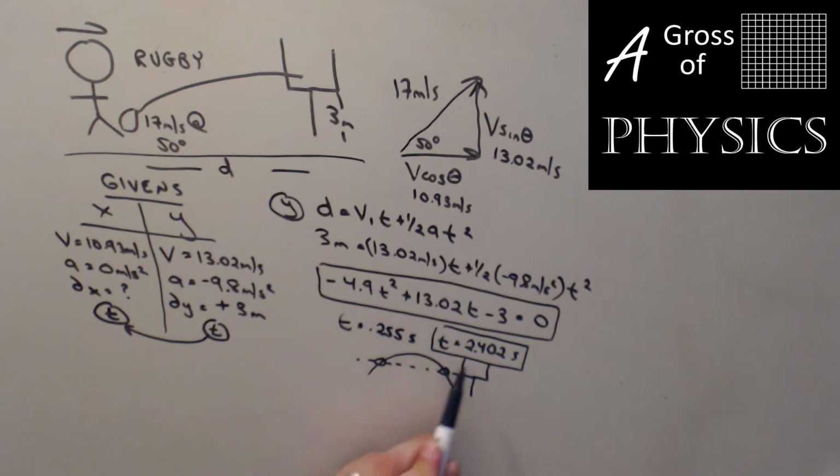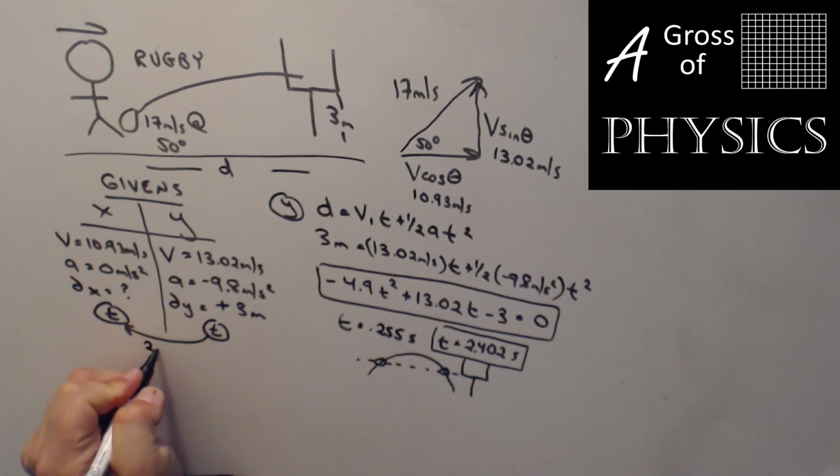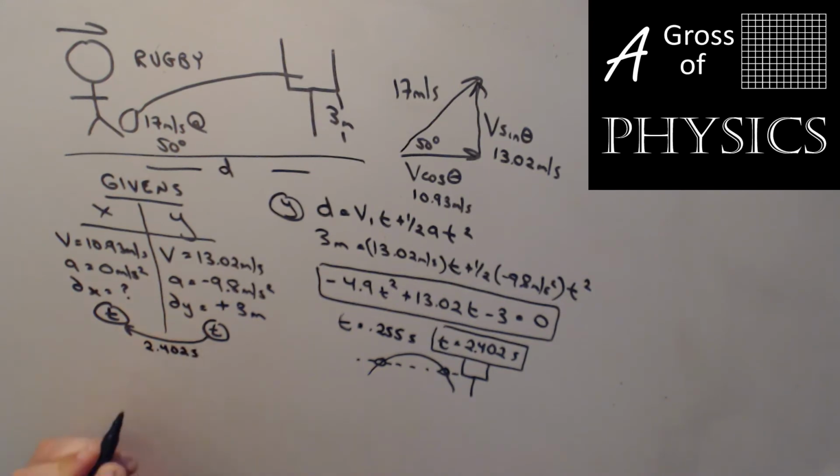And to get the farthest distance, we'll use the farther one, the bigger one, because it'll be on its way down. So that means when I plug my t in, I'm going to do 2.402 seconds. Now, before we did the soccer problem, where we calculated both, and those were the two spots they could have been located, and it wasn't as clear. This one is the farthest, is what the question asks.